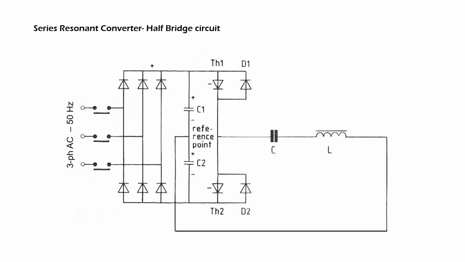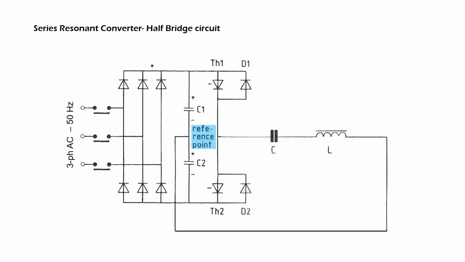For this purpose, the DC voltage is divided into two equal part voltages by the capacitors C1 and C2. The reference point for the voltages is located in the middle between the two capacitors. If measured with respect to the reference point, a positive voltage is applied to C1 and a negative one to C2.